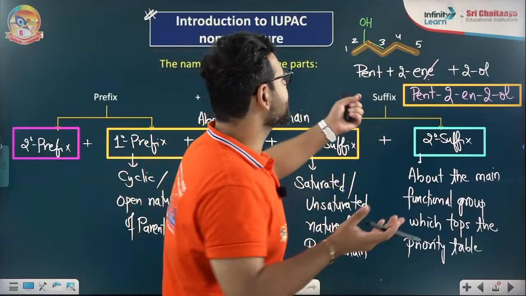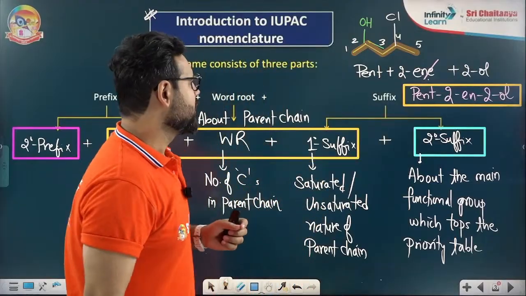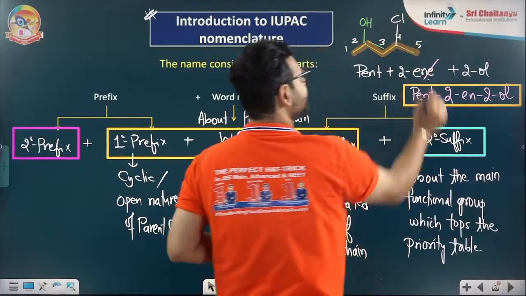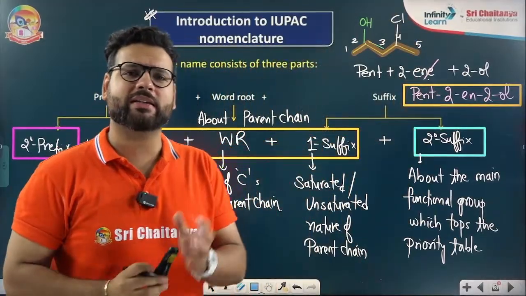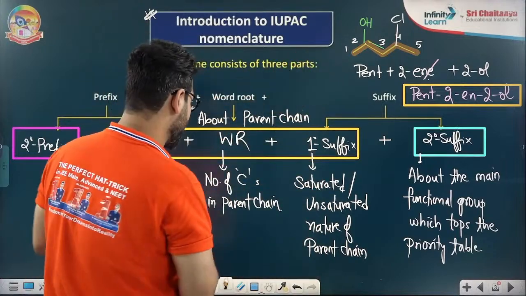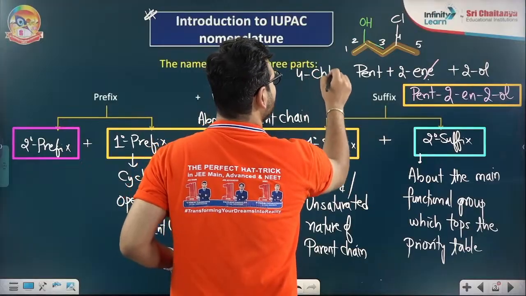For example, if there was a Cl here, Cl has no surname. It just has a prefix, chloro. So the name will become 4-chloro. In the beginning we will put the chloro, 4-chloro.